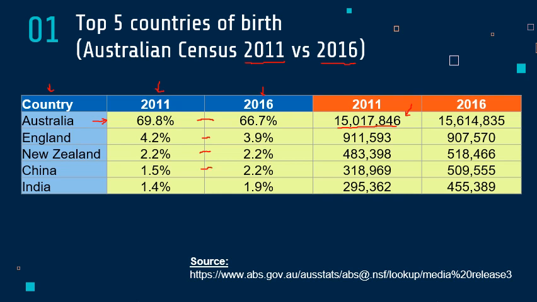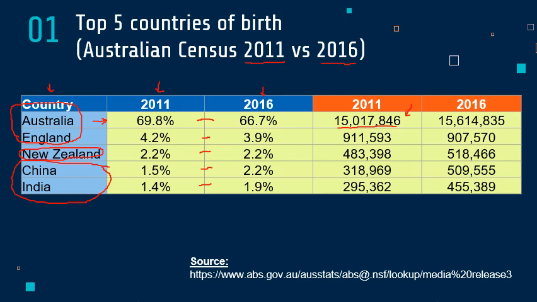And also here for India, we can see that it's increased by 0.5%. So we can say, well, for India and China, it increased, for New Zealand, it stayed the same, and Australia and England, as the top 5 countries of birth, as a proportion of the population, actually decreased.